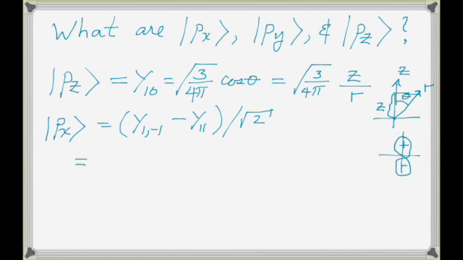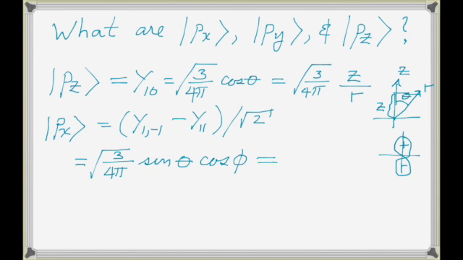And so if you do that, that's root 3 over 4 pi sine theta cosine phi. Remember, they both had a sine theta. One had an e to the I phi, one had an e to the minus I phi. So one linear combination will give you cosine, another linear combination will give you sine of phi.